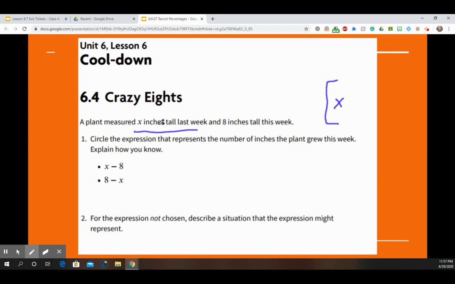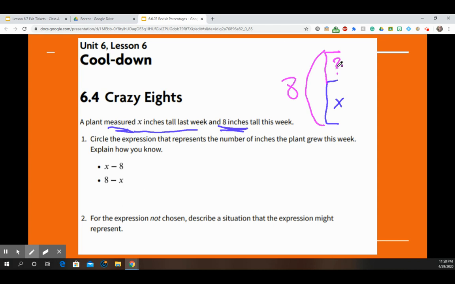And it measured, so it didn't grow, but it measured 8 inches tall this week. So I know that on top of those original X inches, it grew some more. Again, I don't know how many more, but now altogether it's 8 inches in height, okay?